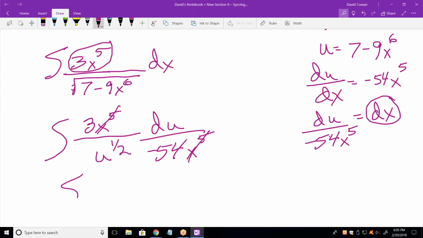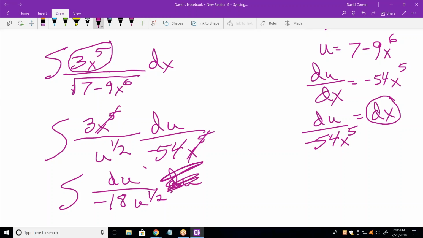And now I end up with du over, what is that, 18, minus 18 u to the 1/2 du. Oops, already got the du in there.